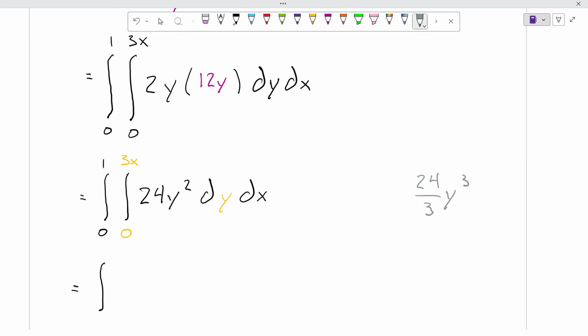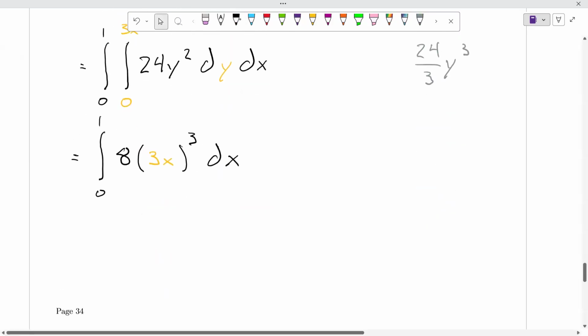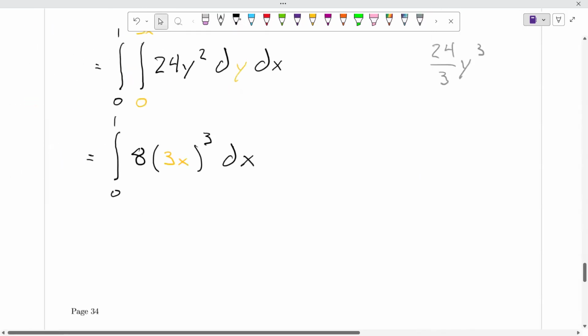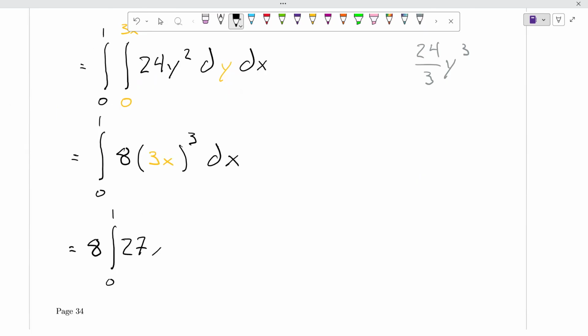Which is going to look like, hey, come back here, 8 times 3x to the power of 3 dx, still integrating from 0 to 1. Which, if I factor an 8 out, I am looking at the integral from 0 to 1 of 27x cubed dx.